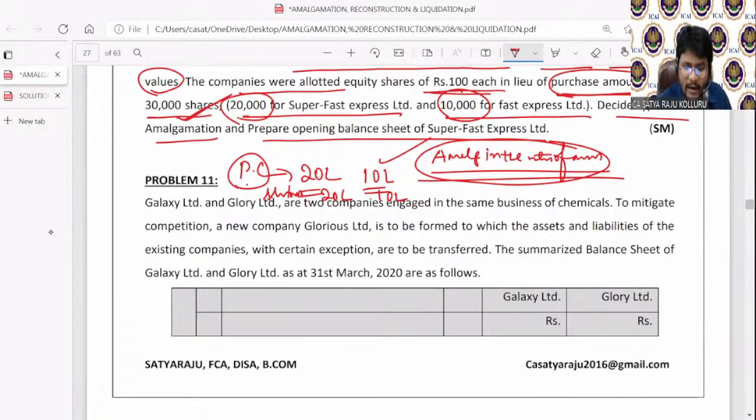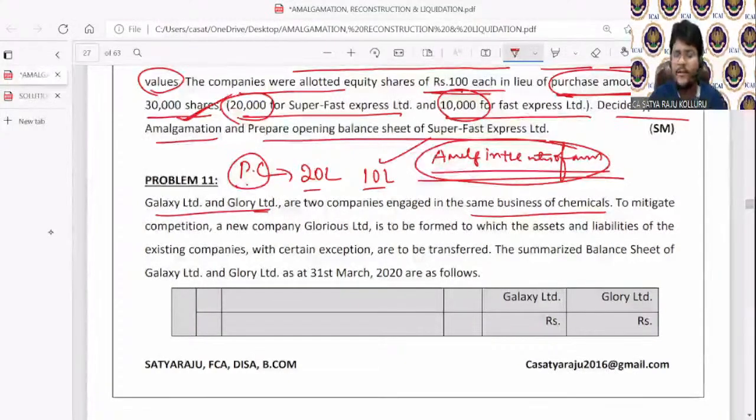Galaxy Limited and Glory Limited are two companies engaged in the same business of chemicals. So both the businesses are manufacturers of chemicals. To mitigate competition, you know, one of the objectives of amalgamation is to avoid competition.